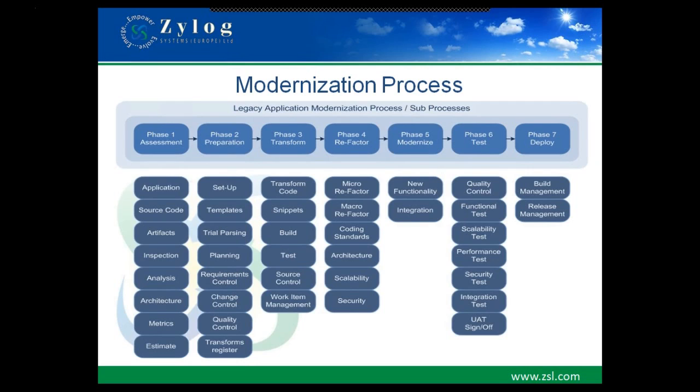So what we do is, we do not want the code to be written in Java or .NET, but once you go and look at it, it being designed in the legacy application way, like a FoxPro way or a PowerBuilder way. We want the standards to be aligned to the new platform.